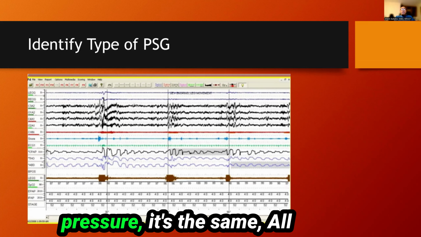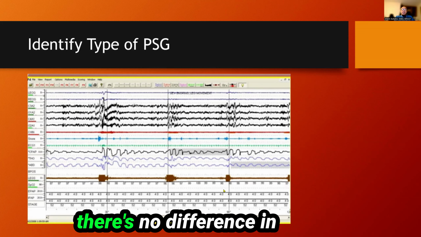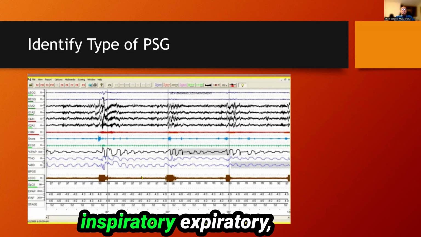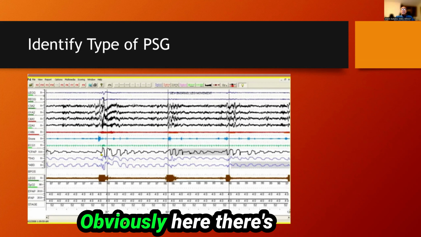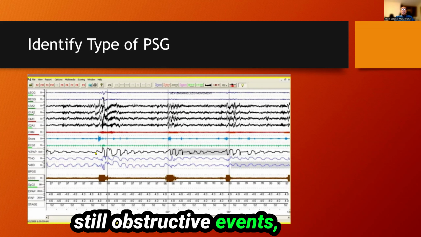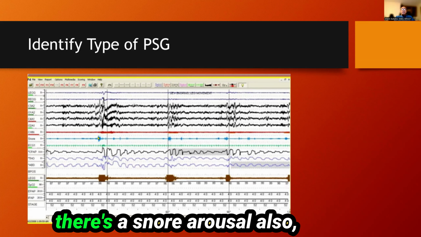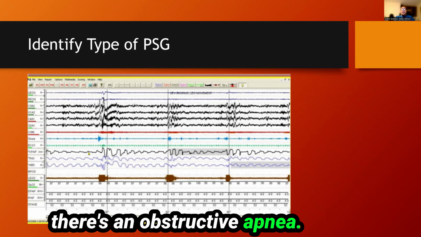But if you look at the pressure, it's the same all the way down. That means there's no difference between inspiratory and expiratory, which means it's a CPAP titration. Very good. Obviously here, there are still obstructive events. So there's still an arousal, a snore arousal also, but you can definitely see there's an obstructive apnea.